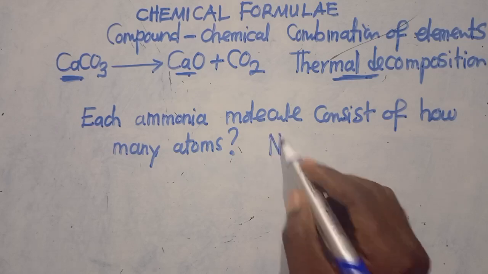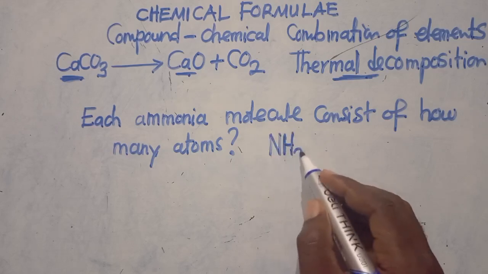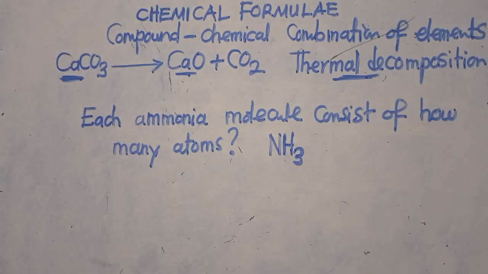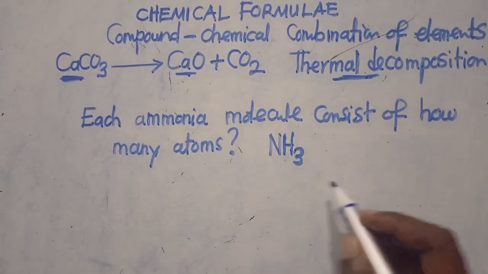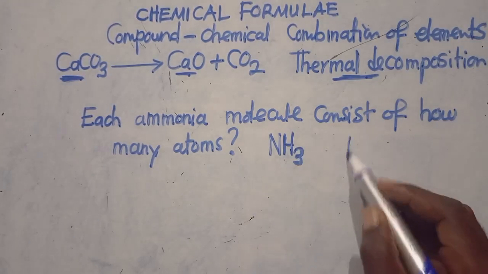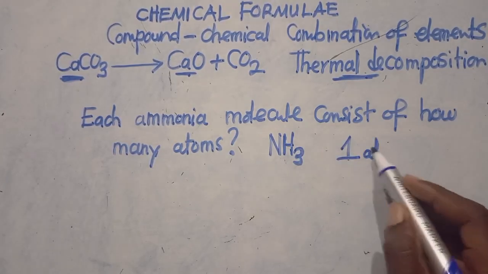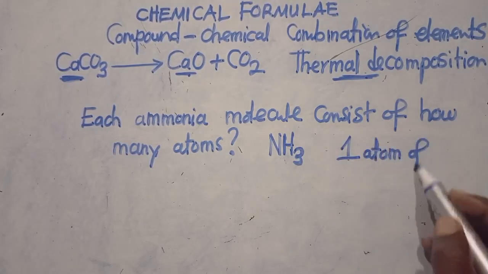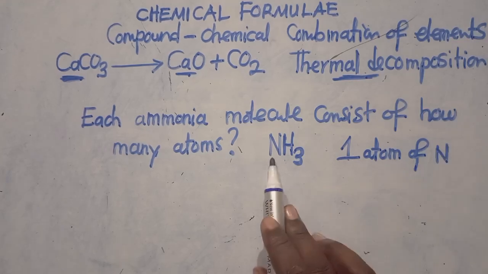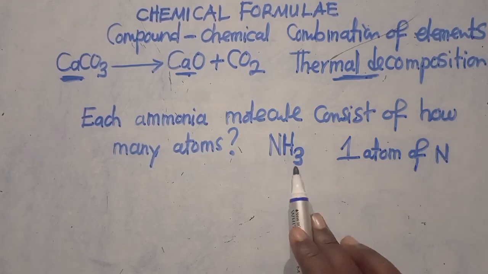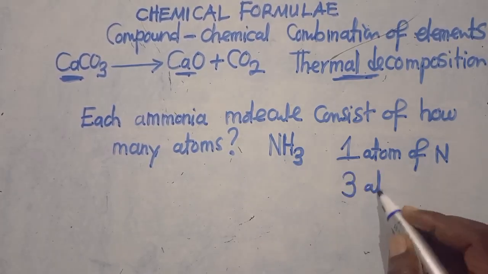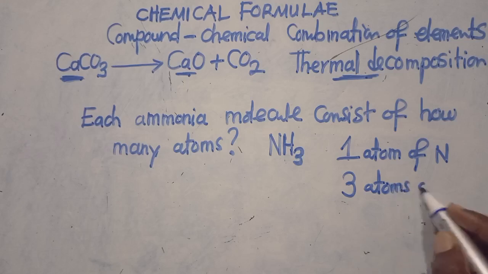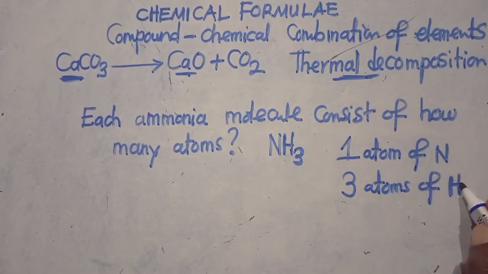Ammonia is written like this. How many atoms of nitrogen are there? One atom of nitrogen. And we've got that 3, which means 3 atoms of hydrogen.